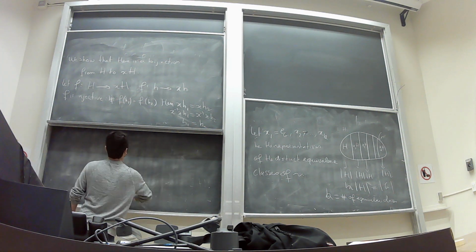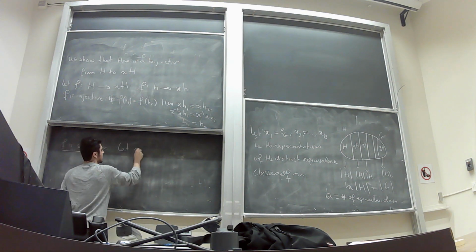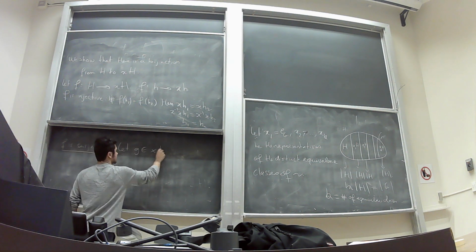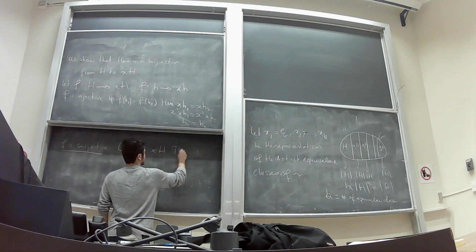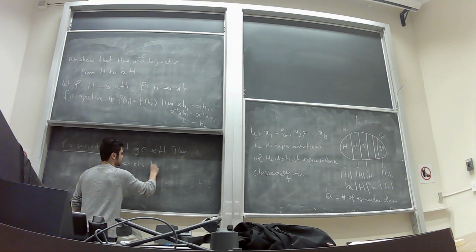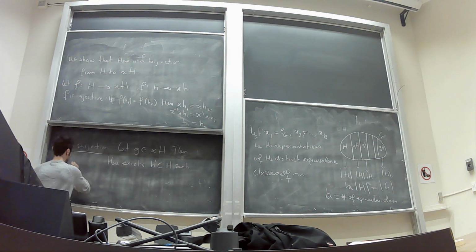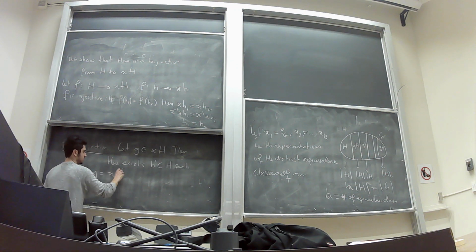Let g be in xH, then there exists an h prime in H such that g is equal to x times h prime.